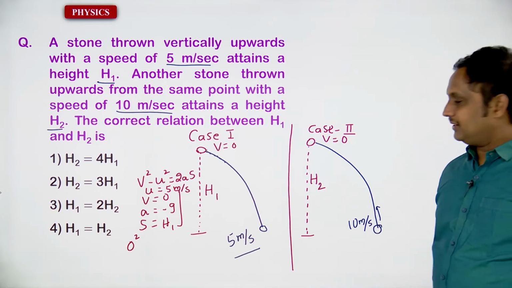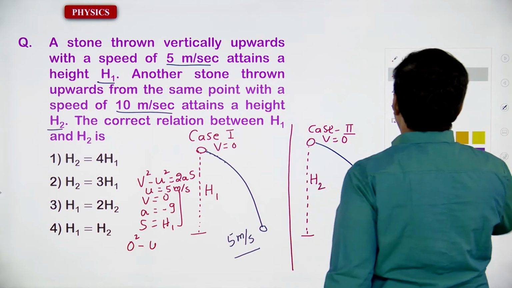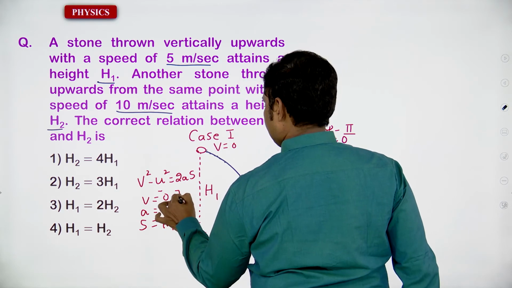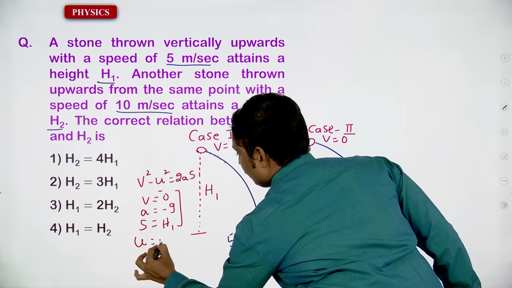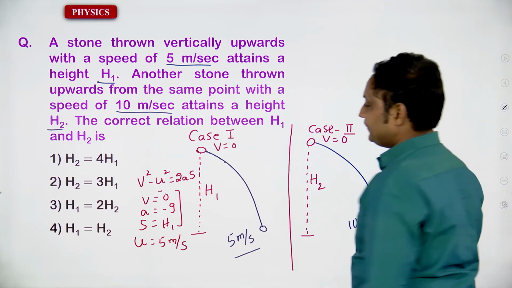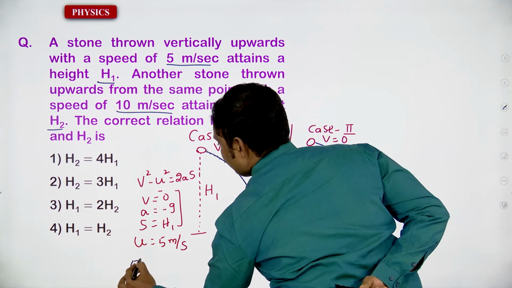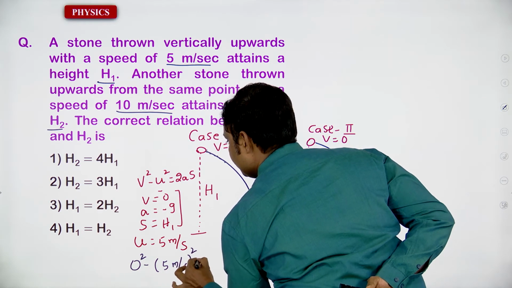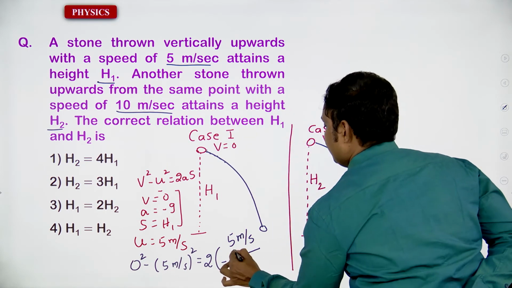So 0 square minus 5 meter per second whole square is equal to 2 into minus g into h1.